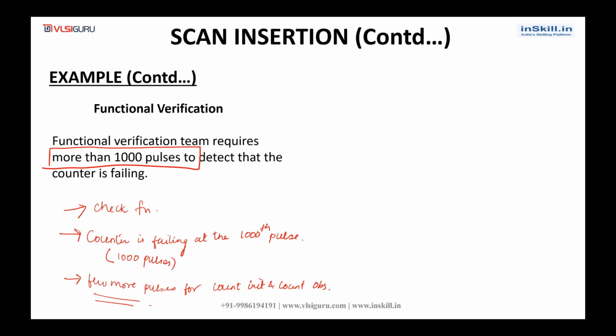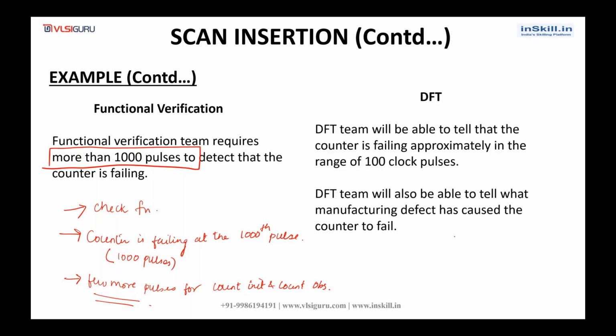The same thing, if you see for DFT engineers, we will be able to tell that the counter is failing approximately in the range of 100 clock pulses itself. That is, it can be somewhere around 80 or 90 or 150, in the range of 100 clock cycles. The functional verification team requires more than 1000 clock pulses.